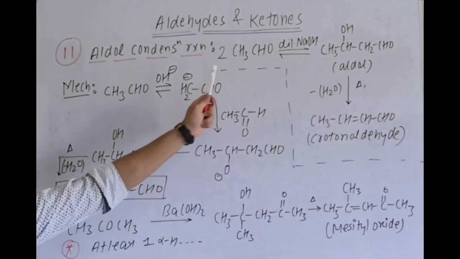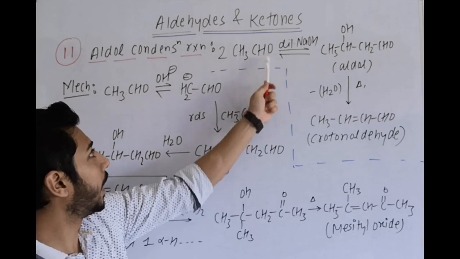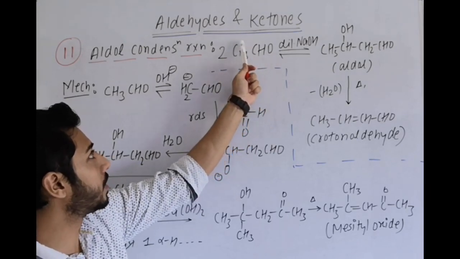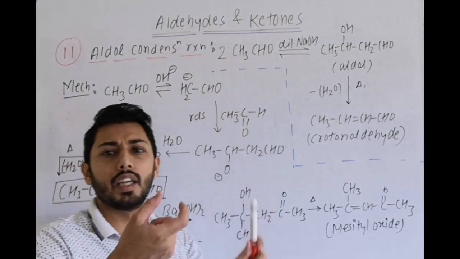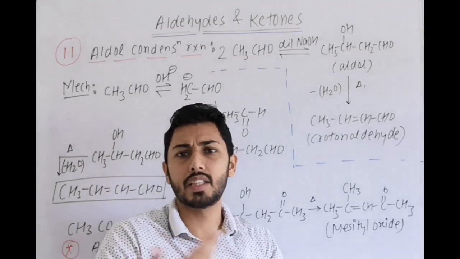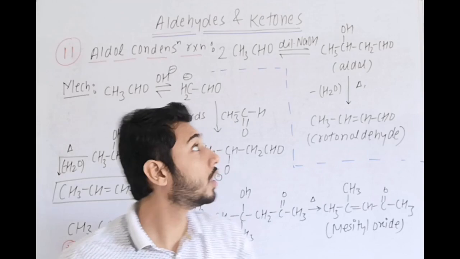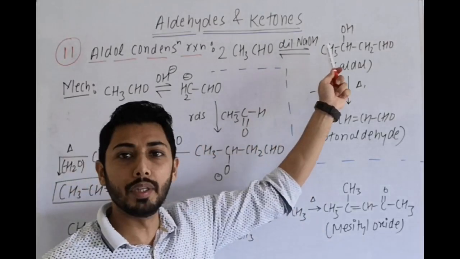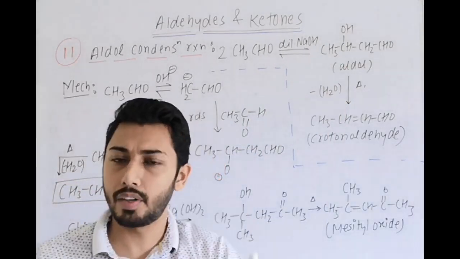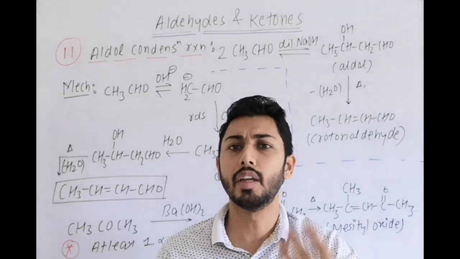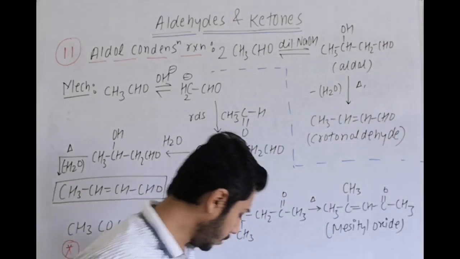Now here in this general reaction, acetaldehyde, the carbon adjacent to the carbonyl carbon is alpha. Its hydrogen is slightly acidic. Why? Because C=O is electron withdrawing. The condition is an alpha hydrogen, and in dilute alkaline medium it gives the aldol reaction.